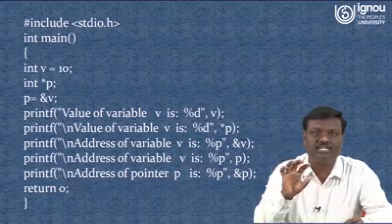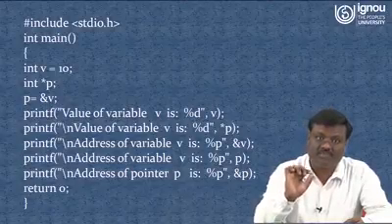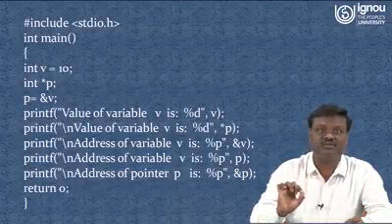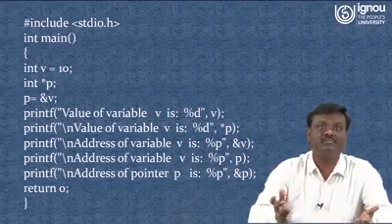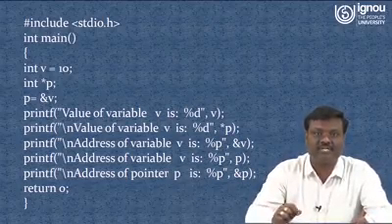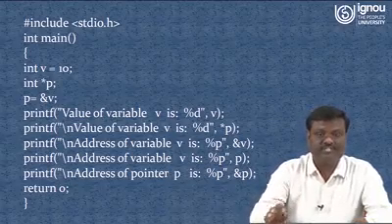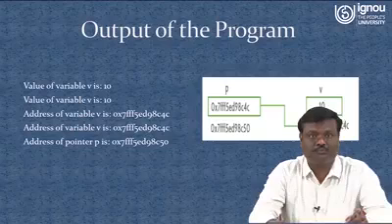That is, inside p, the value of p is 2000. This p also will be stored in a certain memory location. It may be at 3010. So the last printf statement is the address of pointer variable p. That is what the printf statement intends to do.